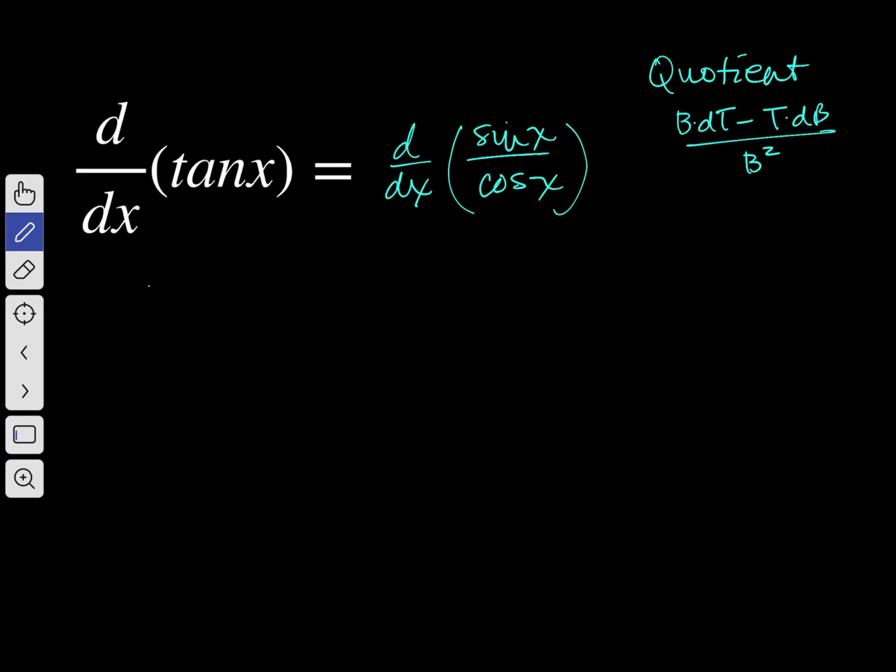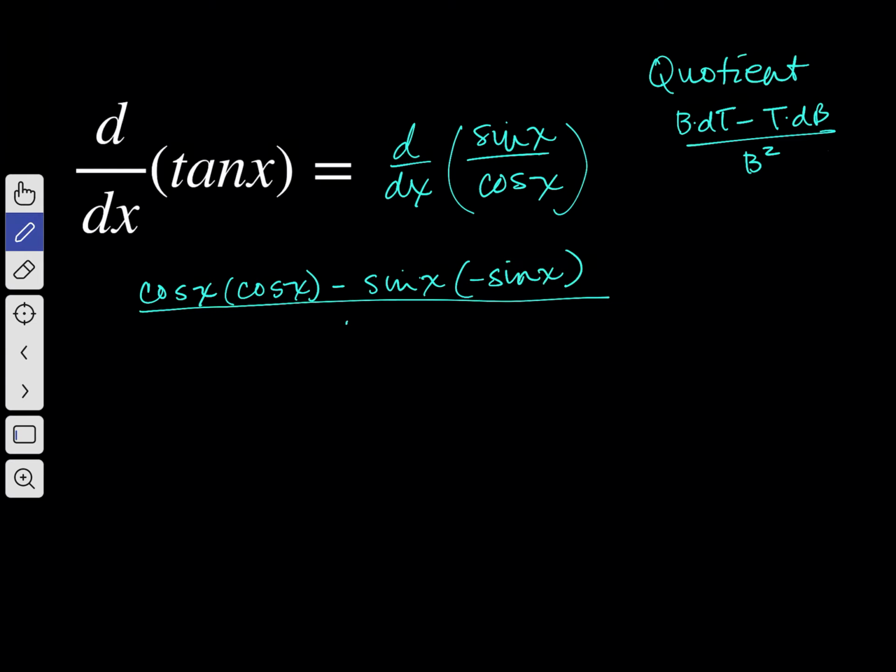All right, so bottom times derivative of the top. We just learned that the derivative of sine x is cosine x minus the top times derivative of the bottom. And we just learned that the derivative of cosine is negative sine x, all divided by the bottom squared. So cosine squared x.